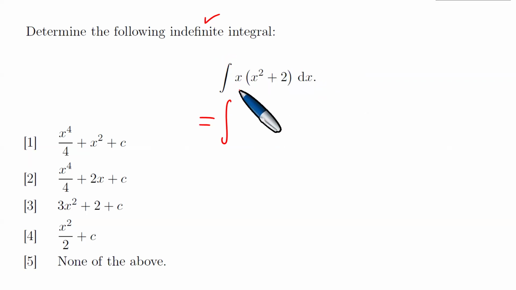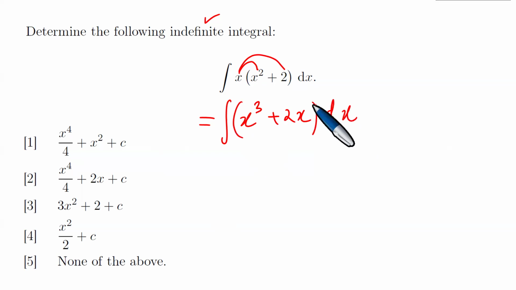Indefinite integral means that it has no limits of integration. Multiplying through x by x squared, we get x cubed plus twice x. So we perform multiplication that way, and this is what we're able to get.